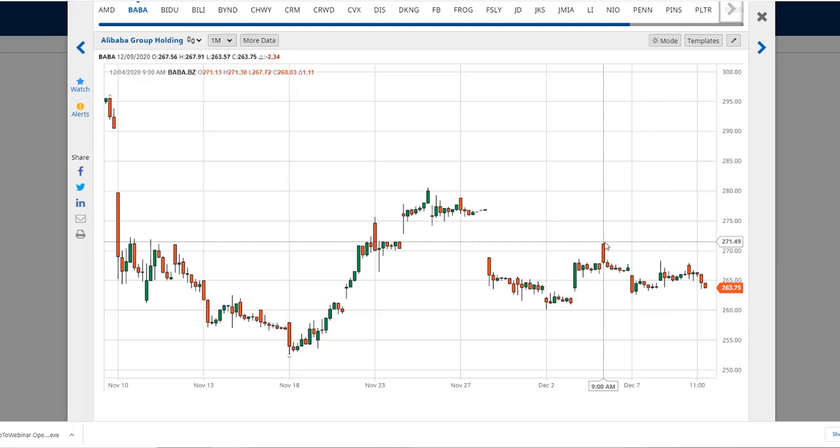Price would have to get above 271.50 for us to get nervous about getting to our 275 strike. So this one would fit those price scenarios that we want to look for, with our break even and our second leg.